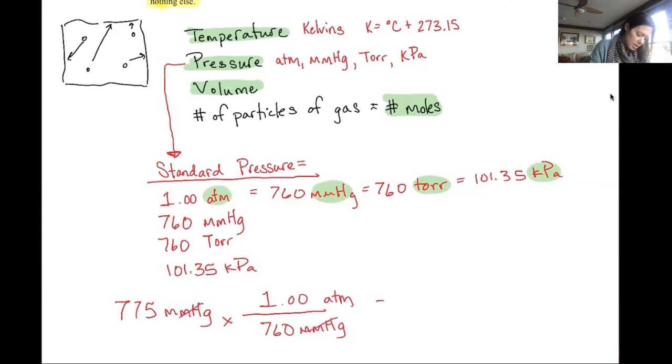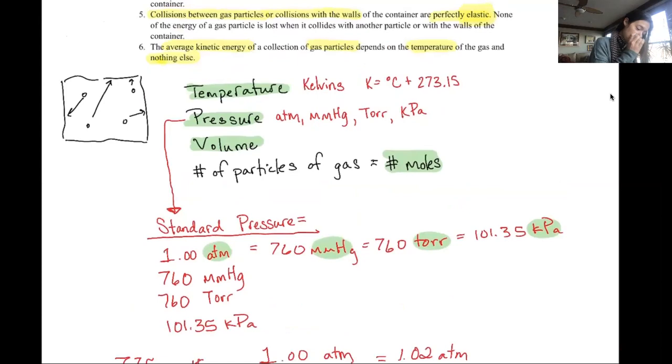And I would easily have my pressure, not in millimeters mercury, in atmosphere. Notice this should be greater than 1, right? So greater than standard pressure. And this would be 1.02. Okay, so you need to be able to convert amongst your units.